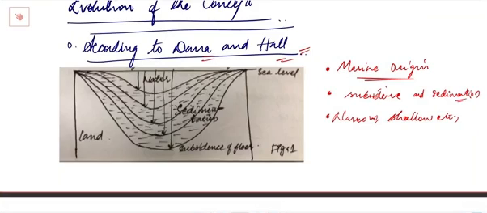So this is what they said, and this was actually said by Dana. And what Hall did was he brought some right evidences to prove that their theory was correct.